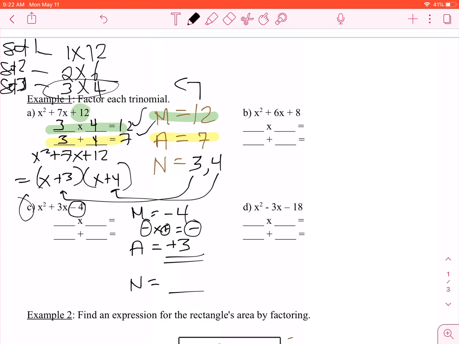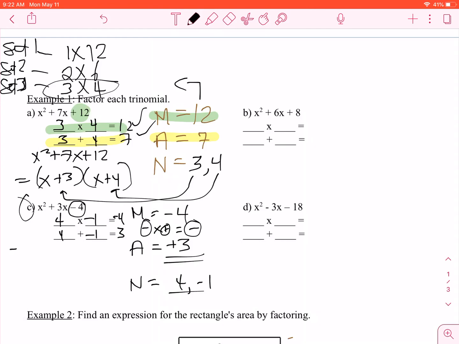So for this, it would be 4 times negative 1. Because 4 times negative 1 equals negative 4, which is what I'm looking for. 4 added to negative 1 does give me a positive 3.